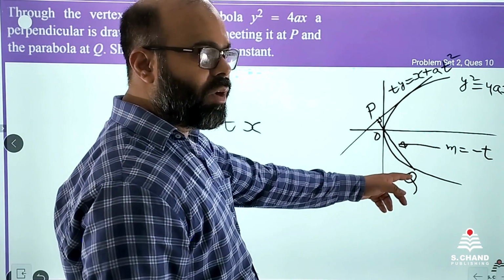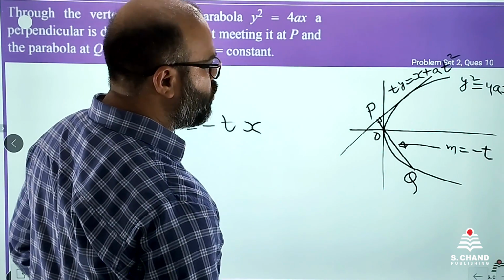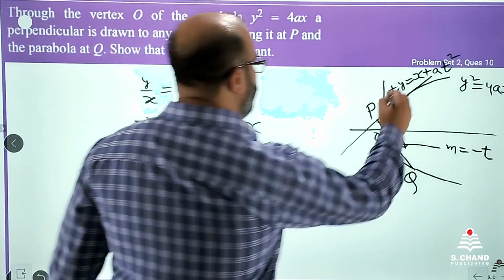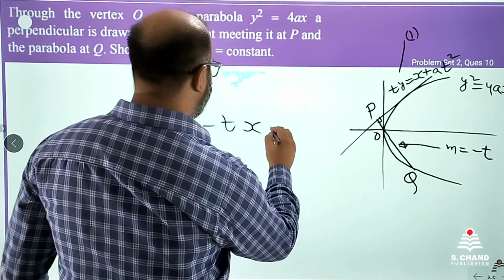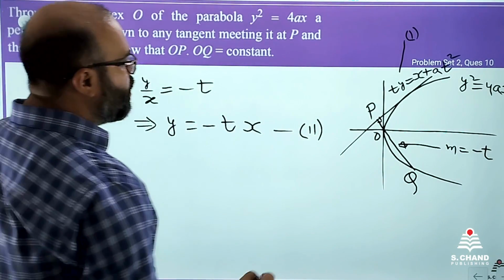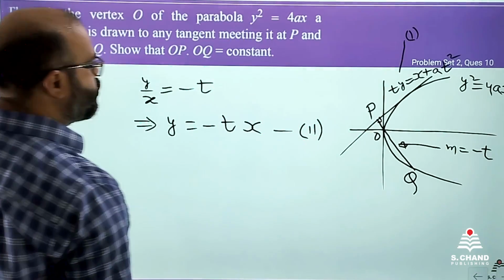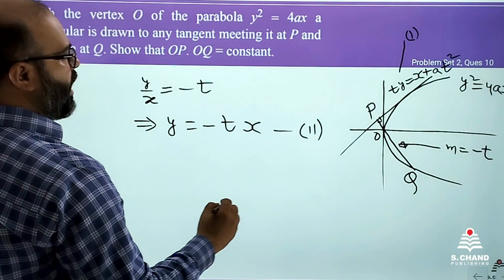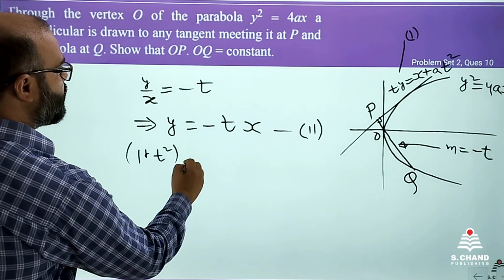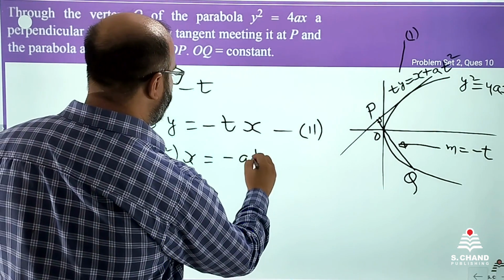So this slope is equal to minus t. So this is y is equal to minus tx. Now when we solve these two equations, this one and this one, what we will get is that y is equal to minus tx, so this is minus t square x, and this will become 1 plus t square x is equal to minus at square.